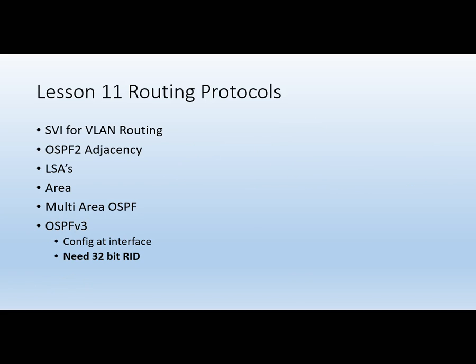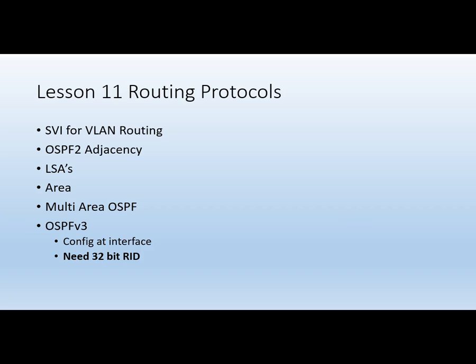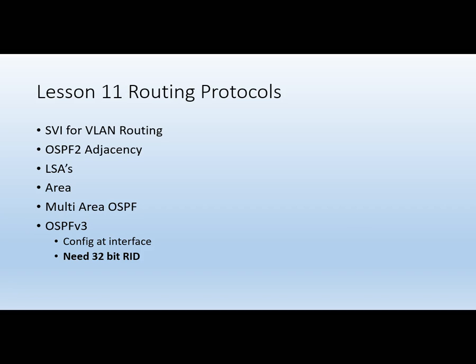OSPFv3, which is IPv6, we configure at the interface, unlike OSPFv2, IPv4, where we do OSPF and then the autonomous system number, and then enter, and then we do the network, whatever the network is, and then specify the area.